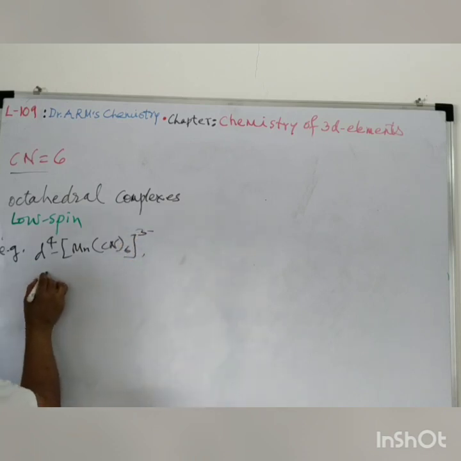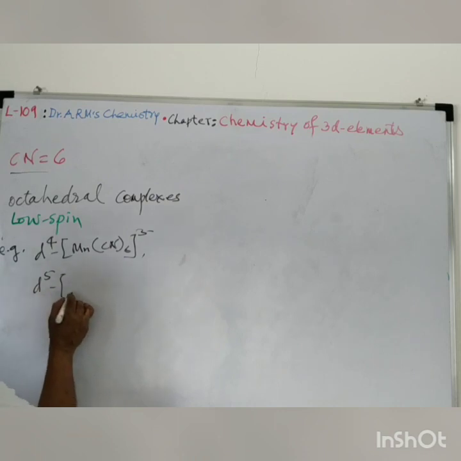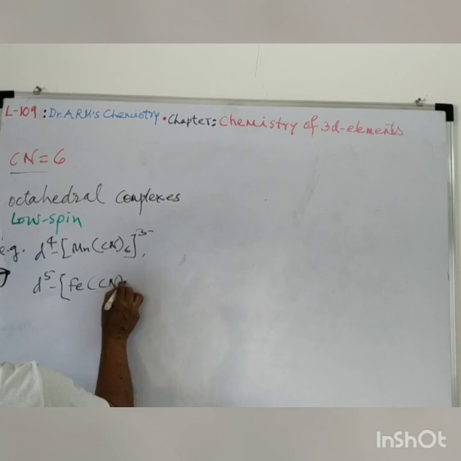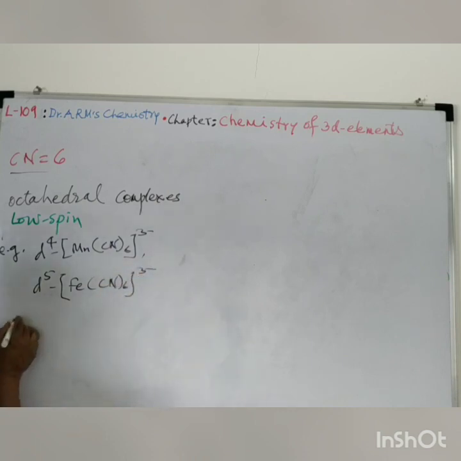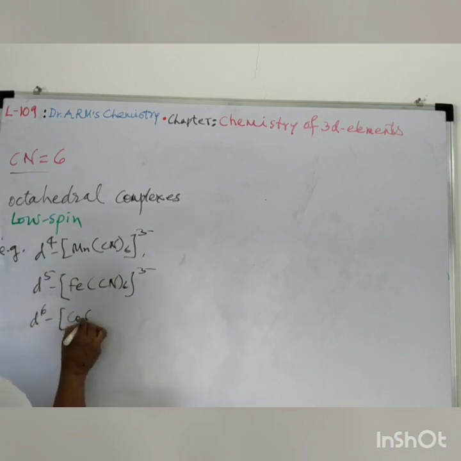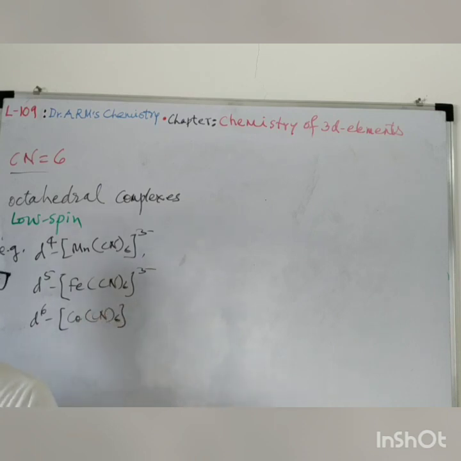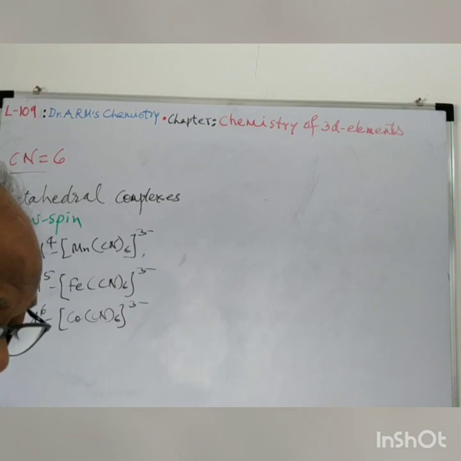With the d5 configuration, Fe(CN)6 3 minus. Then with d6 configuration, Co(CN)6 3 minus. So these are examples of low spin complexes having octahedral structure.